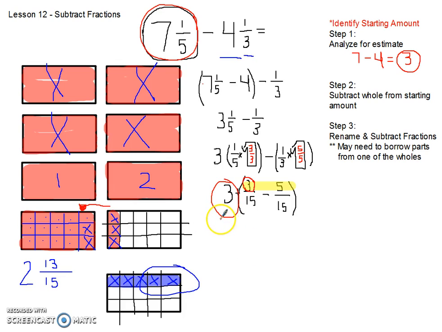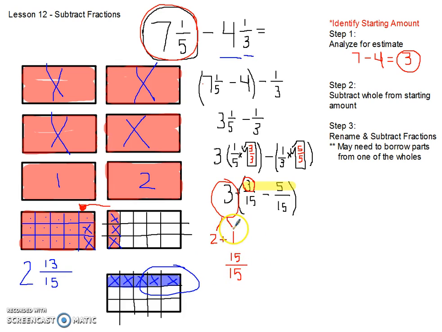And so what that would look like here is I'm going to take one of those wholes, so I'm going to break that 3 up into 2 plus 1, which is still 3. I've just decomposed it or expanded it. Then, because my denominator is 15, I want this 1 to be in 15 parts. So it would be 15 parts out of a 15-part whole.